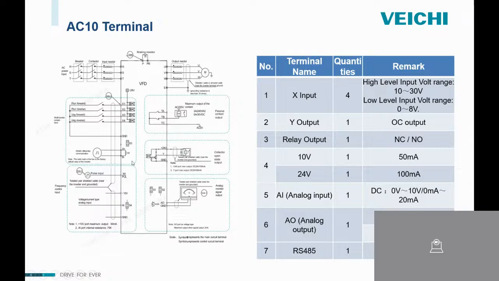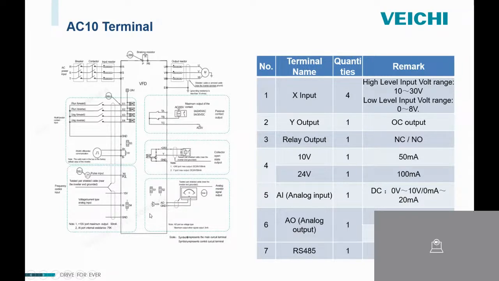And we have analog input. We have current type analog input, and we also have voltage type analog input. Voltage type analog input is 0 to 10 volt, and current type analog input is 0 milliampere to 20 milliampere. And we have analog output.